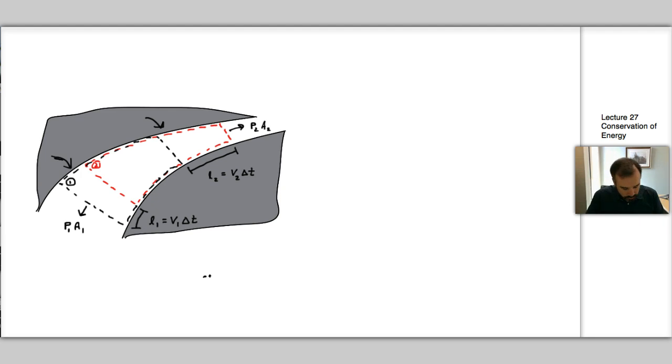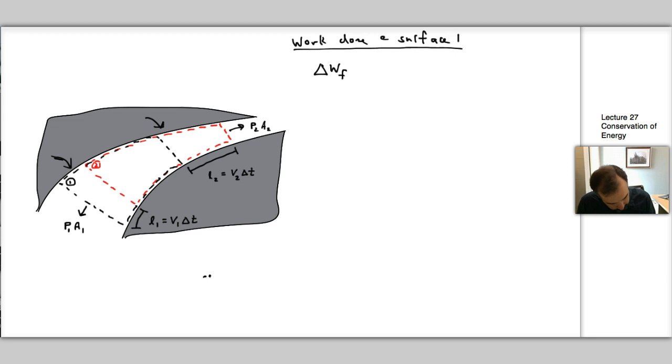Okay, so let's look at the work done at surface 1. If we say delta WF is equal to force times length, it is going to be equal to negative P1A1 V1 delta t, right?